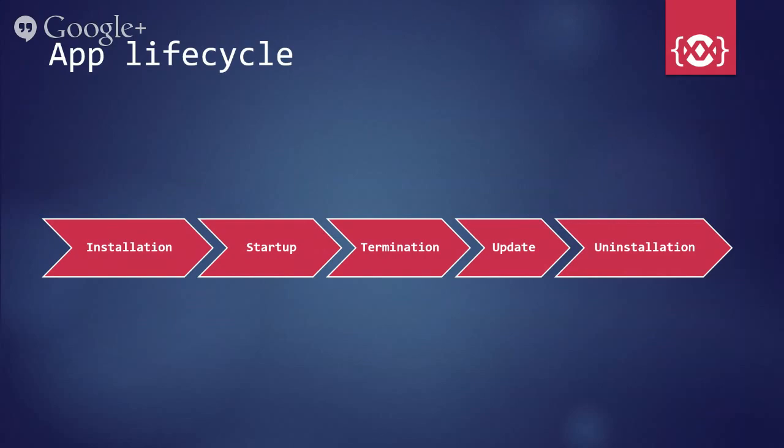When there's updates on the store and you want to update the app, there's an update phase. And when you are done with the app, you don't want to use it anymore, you uninstall it. There is more information on this app lifecycle and actual stuff you can do at each stage of the lifecycle.